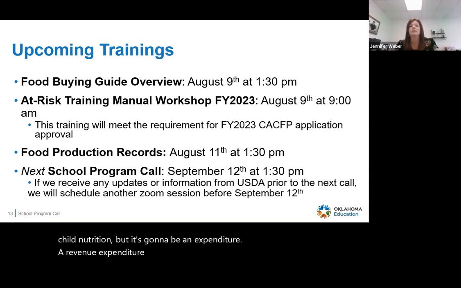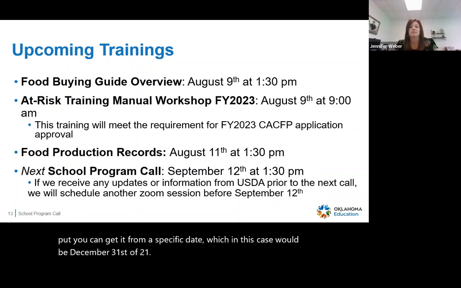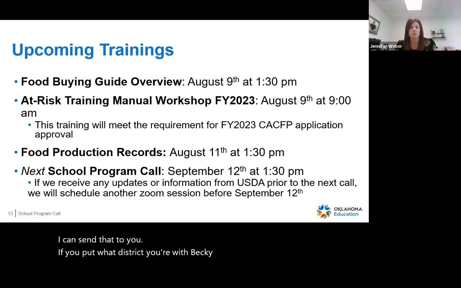It'll show your balance, and you can get it from a specific date, which in this case would be December 31st of 21. We can send that to you. So if you put what district you're with, Becky can send you that PLE tool.